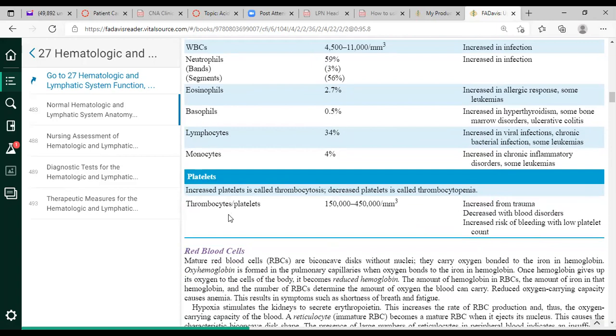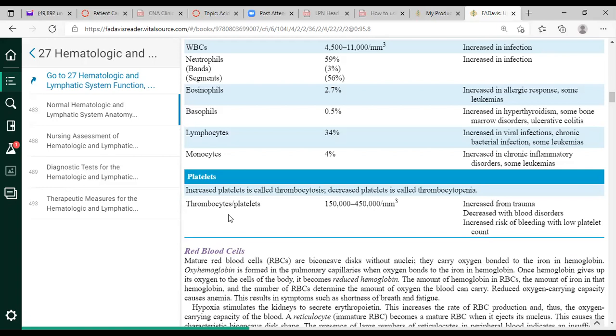The pressure stops the bleeding, but what also occurs is platelets travel to that area and clot that area off to prevent the bleeding. A clot forms. So that's the need for platelets. Platelets contribute to clotting.